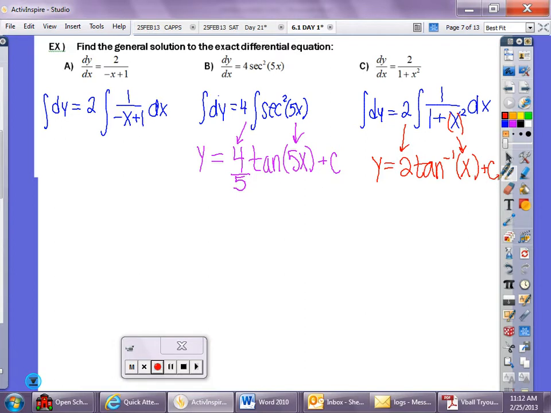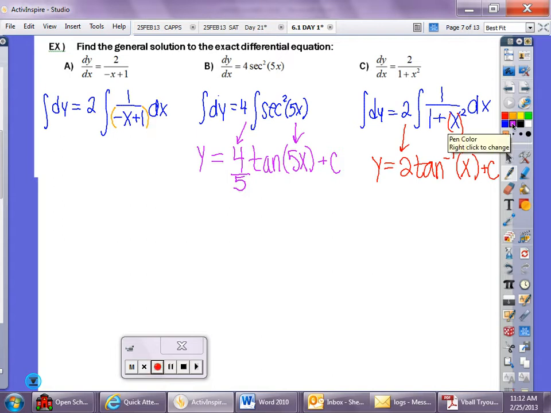Alright. Anyone figure out A? Anyone have an idea of what they think it might be? Annie, what do you think? Using natural log. So your whole bottom would, I guess, be the u. Okay, let's try it out.